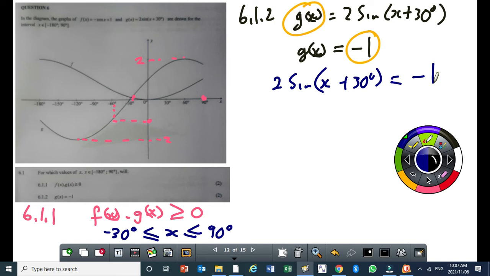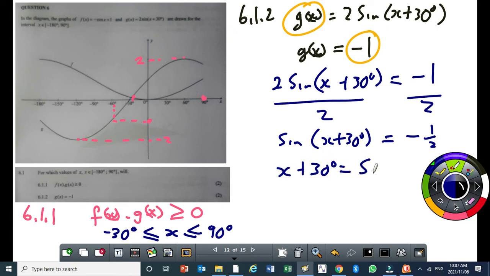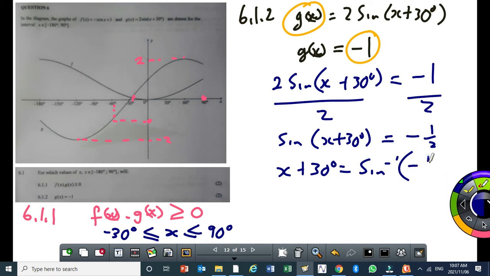To solve this, first we divide both sides by 2. I'll get sine (x plus 30 degrees) is equal to -1/2. Then you take the inverse sine of -1/2, so x plus 30 degrees is equal to inverse sine of -1/2. And you get x plus 30 degrees is equal to -30 degrees.